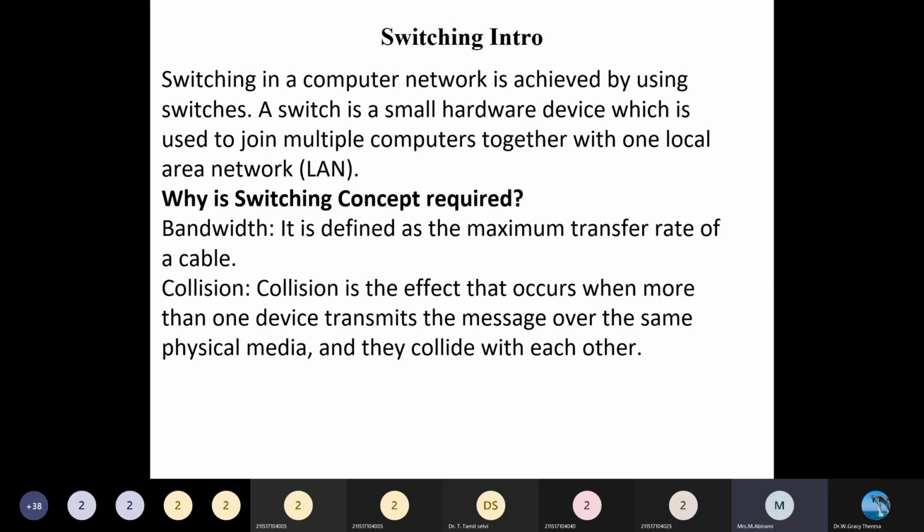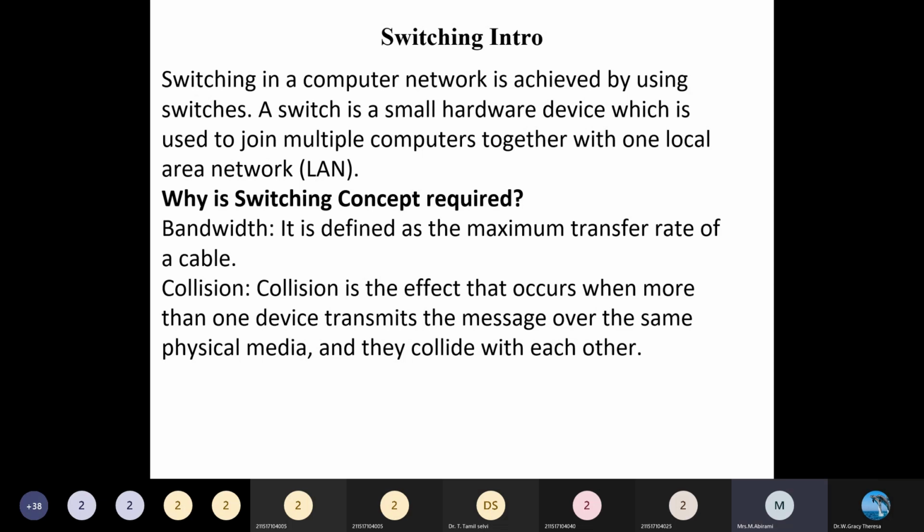Small devices are connected to transfer the data from one host to another host, like sender to receiver, source to destination. These terms are used with multiple paths, as the data takes multiple paths when transferred. That is called a local area connection.